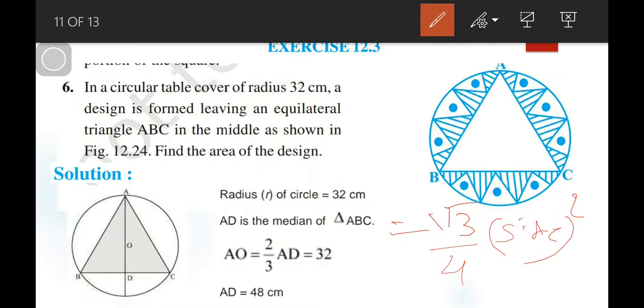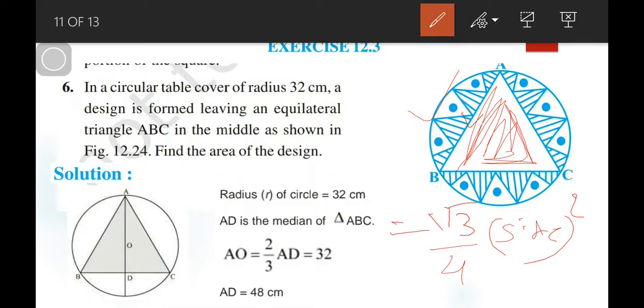So if we know the length of this side, then we can easily find the area of this equilateral triangle, and we subtract it from the area of the circle, then we can find this designed area.